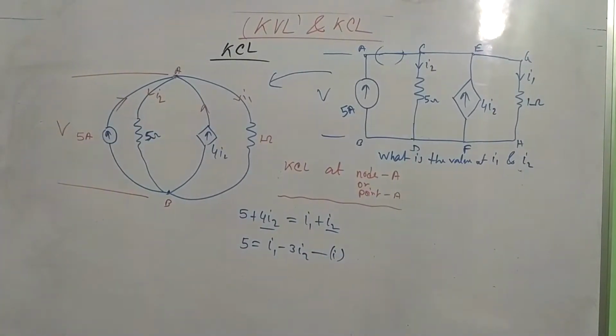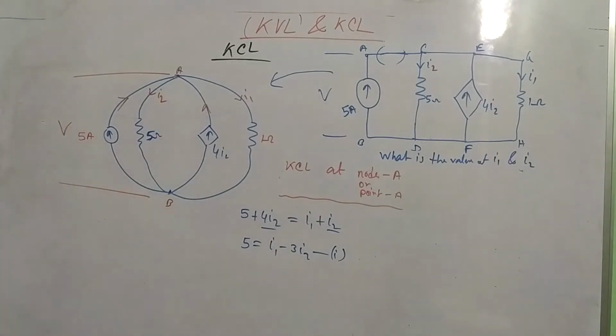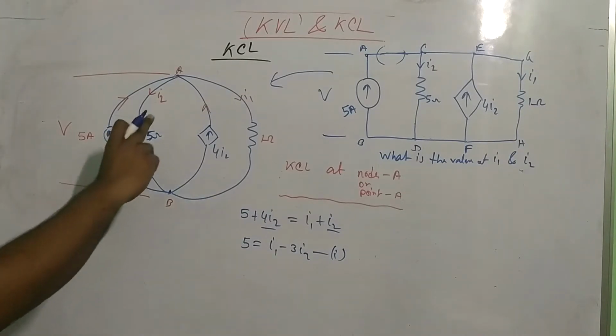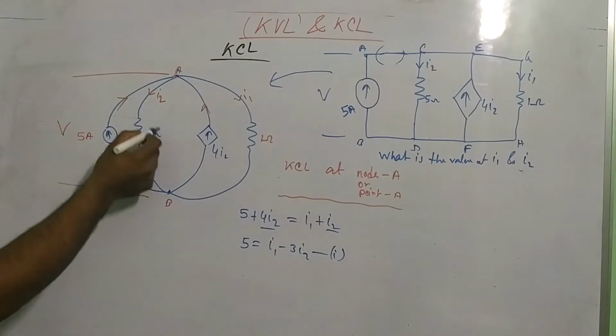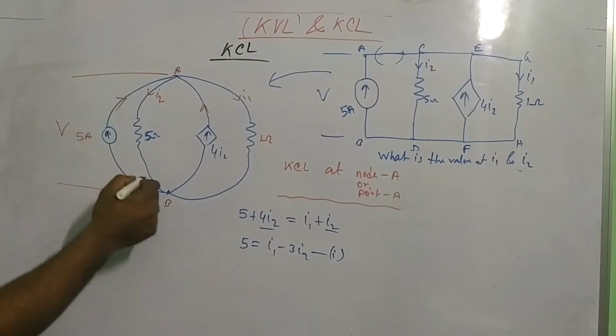Now to solve I1 and I2, we need one more equation. From where do we get the other equation? Here we see the voltage across the 5 ohm resistance.